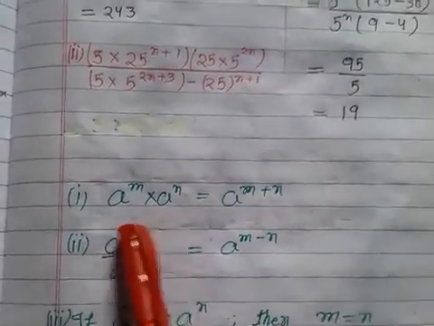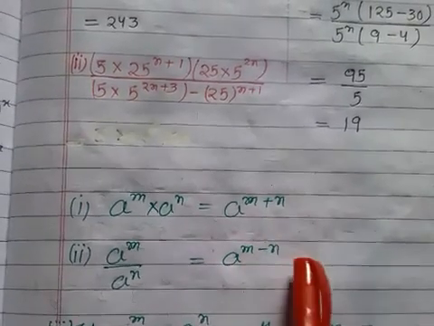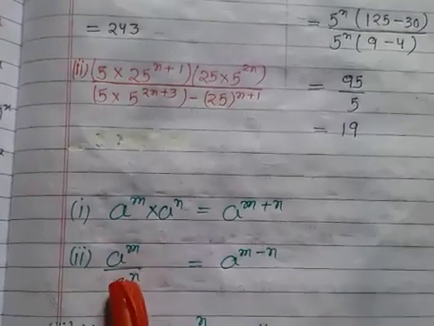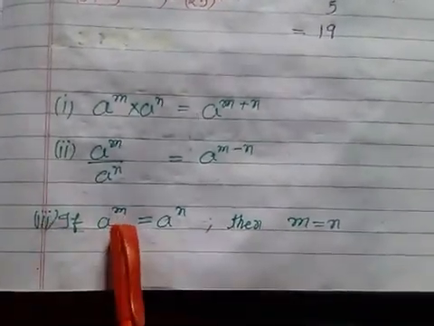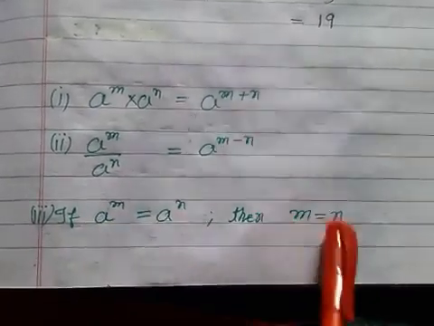Okay, and a to the power m by a to the power n is equal to a to the power m minus n. It means when same bases are in division their powers are subtracted. Now if a to the power m is equal to a to the power n, it means bases are same, so powers are equal. Okay.